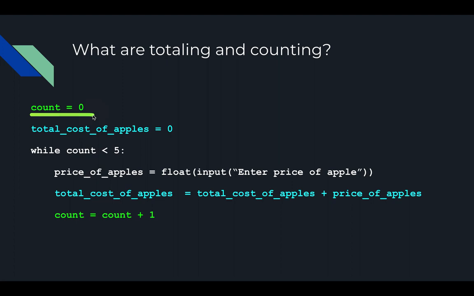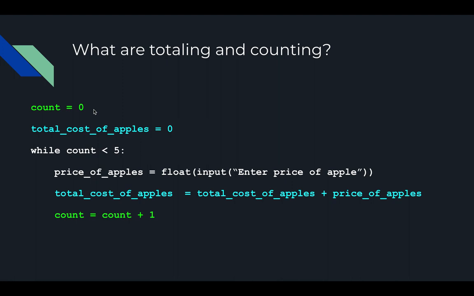However, this is not going to because it's outside the loop. So right here, what we do each time is we take whatever the existing value of count is, we add 1, and then we store that in count. So for example, if count were to equal 2, we would add 1 to it, and then the value of count up here would change to 3, for 2 plus 1.